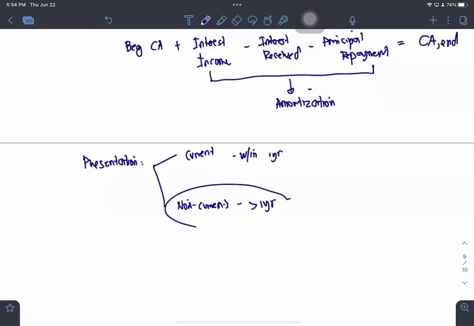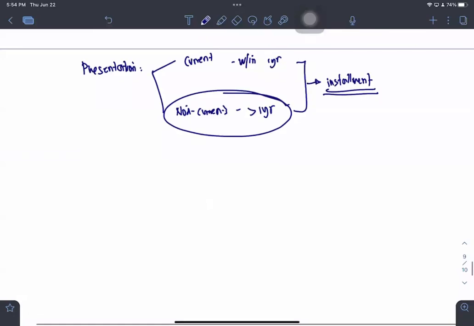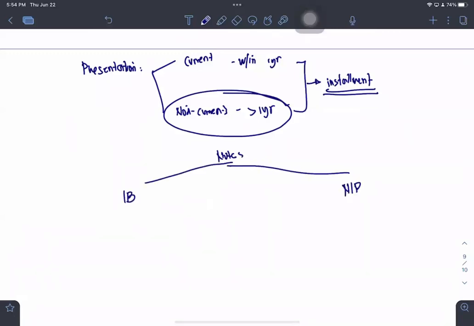But you have a problem here in your current and non-current as to those paid in installment. Okay. So what are your notes again? That is either interest bearing or non-interest bearing. For interest bearing, we have here realistic.